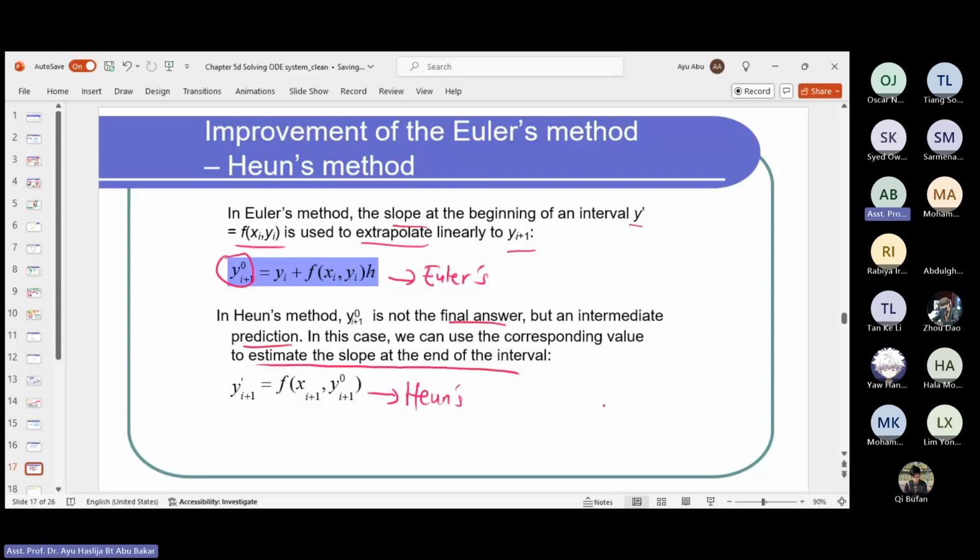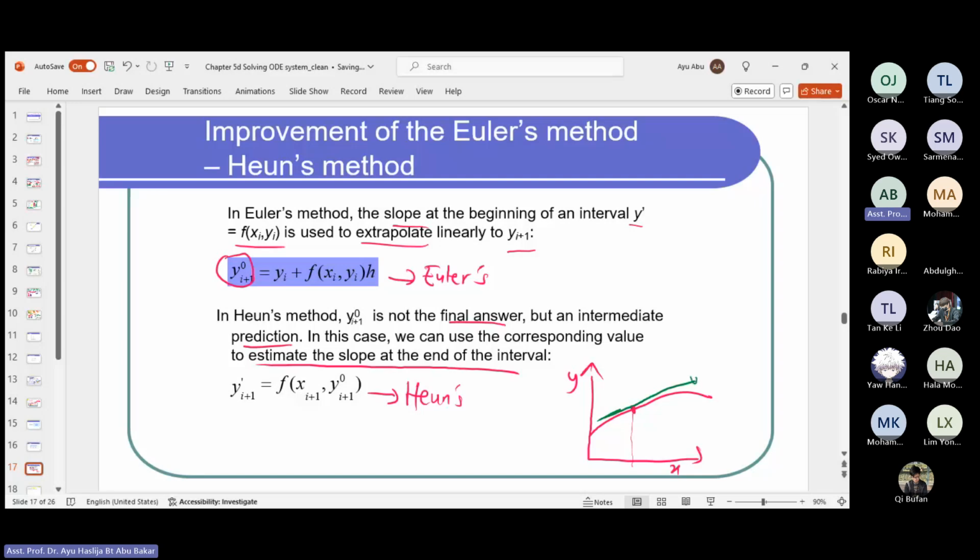What does this mean? In Euler's, let's say you have the initial point, then you want to predict using Euler's, which means using the slope of this point.